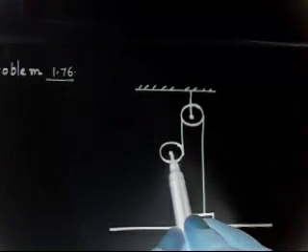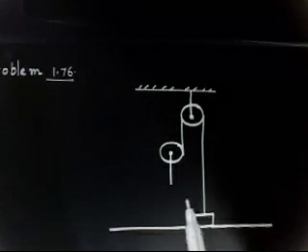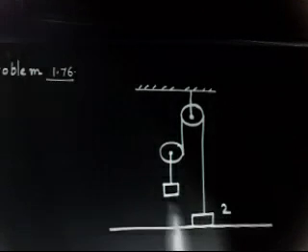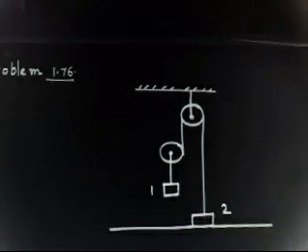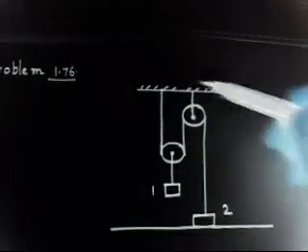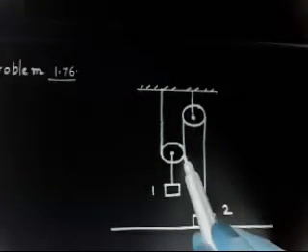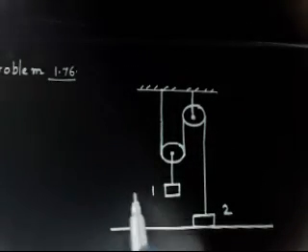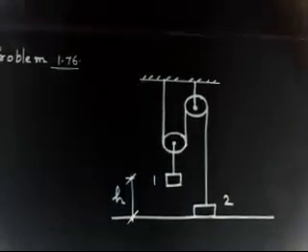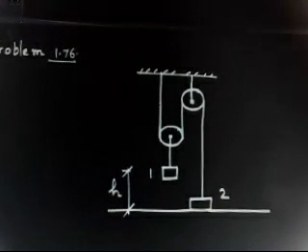This pulley also contains a mass. They call this object 2, this object 1, and this side of the pulley is connected to the roof, something like this. Now this height is given to you, h.